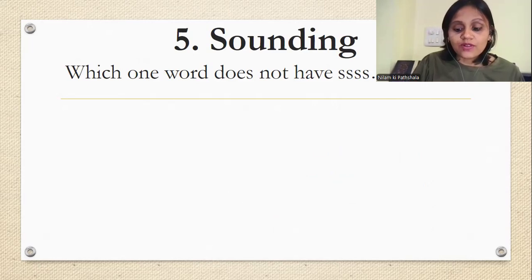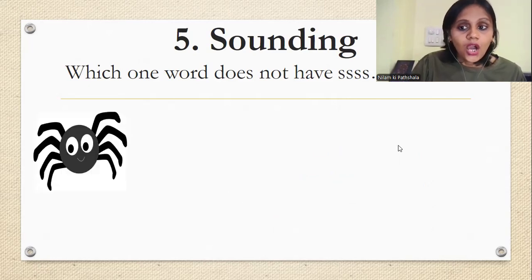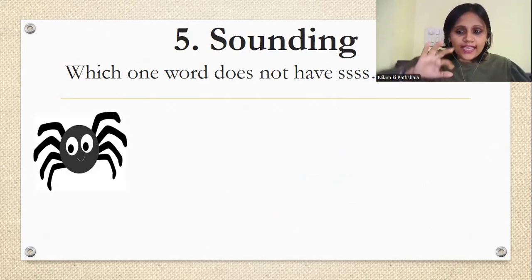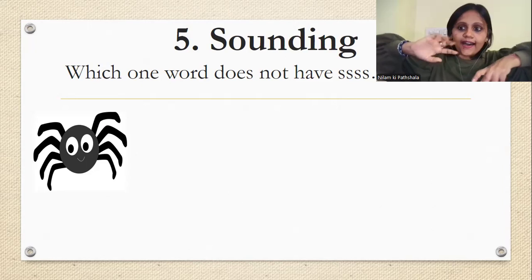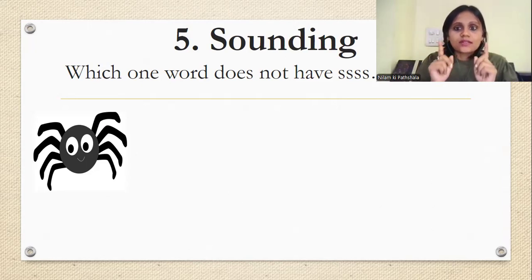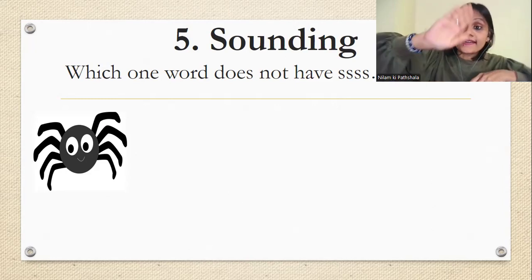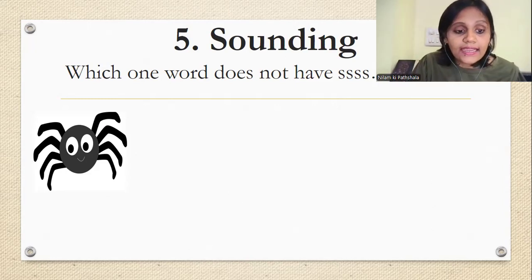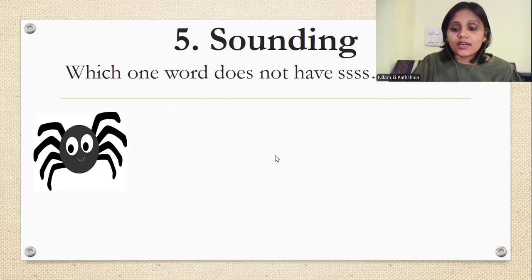So let's see what pictures I have over here. Okay, so what is this? This is a spider. So spider has the sound of letter S. All right, let's see the next picture.